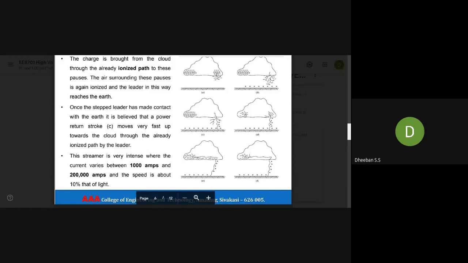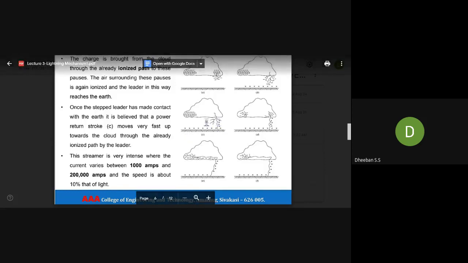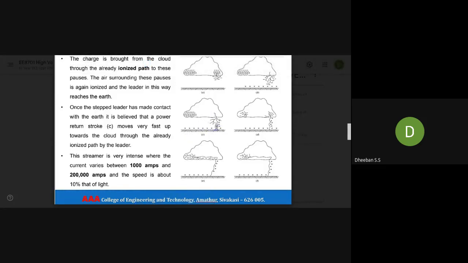You already know the speed of light is 3 into 10 power 8 meter per second. So 10% of that, just imagine how fast it will be. This thing we have seen in your C diagram. This positive charge will be moving towards your cloud to neutralize the negative charge.